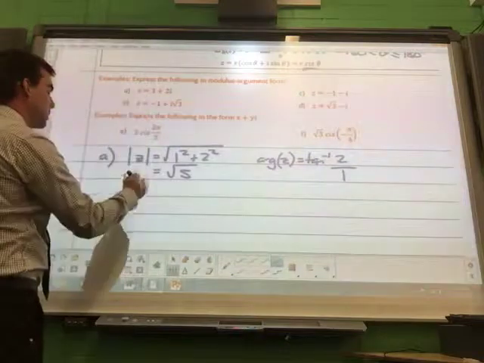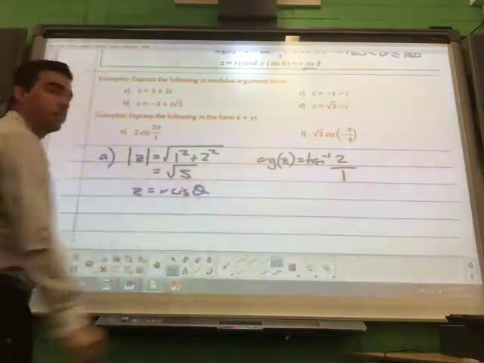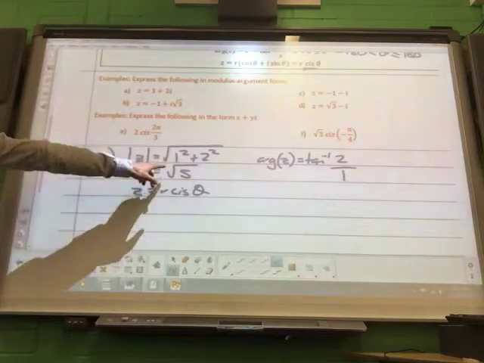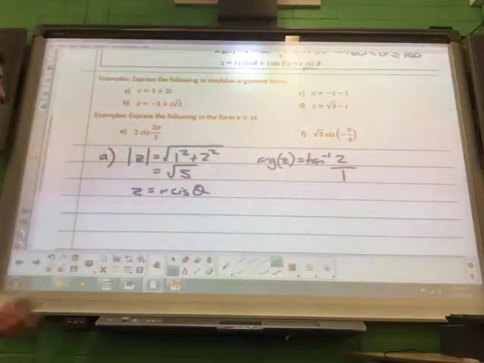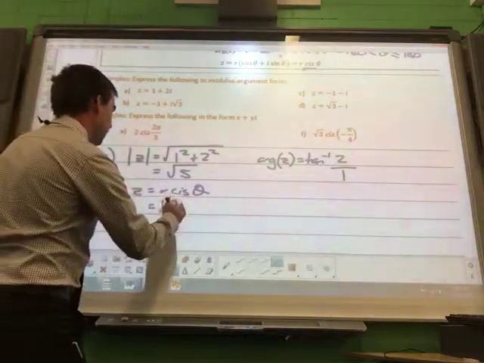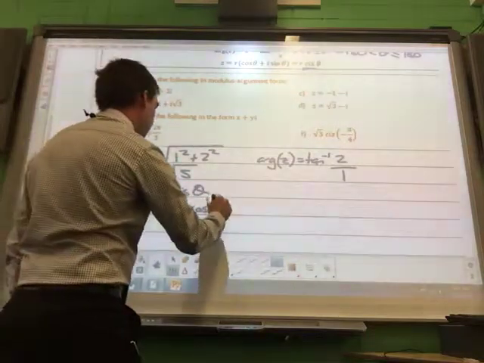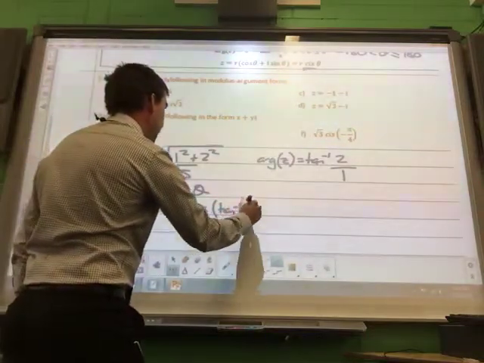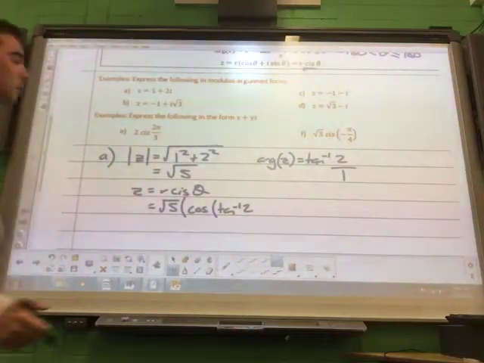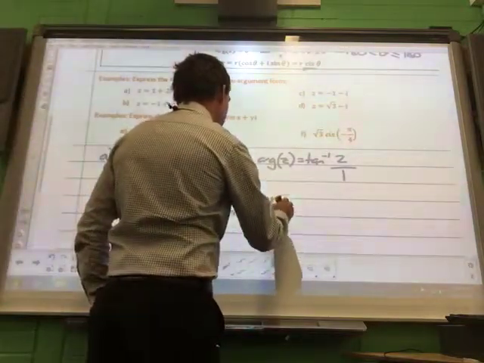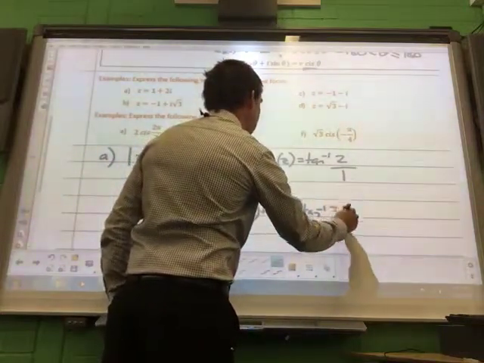So, z is r cis theta. So r is what we calculated as the modulus, and theta is the argument. So z equals root 5 cos of tan inverse of 2, I'm writing it like this because I don't have the exact value, plus i sine of tan inverse of 2.